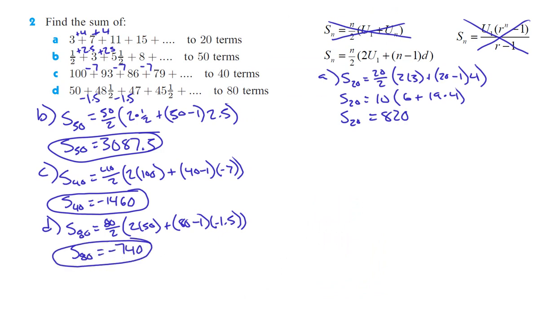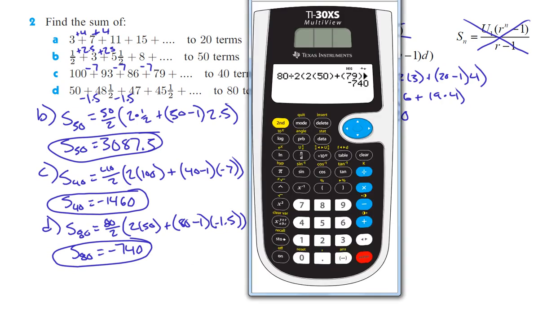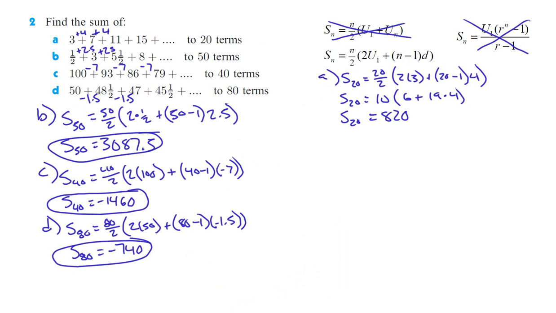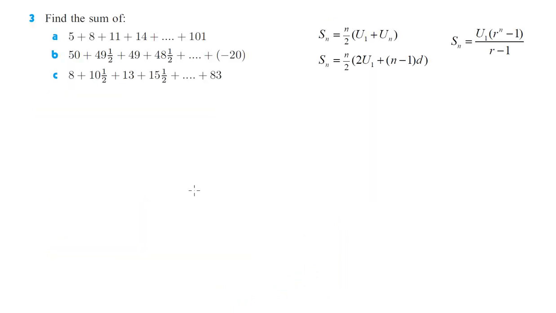Okay, so that's what the sum of the first 80 terms on that one would be, right? Negative 740. Yep. Okay. Moving on.